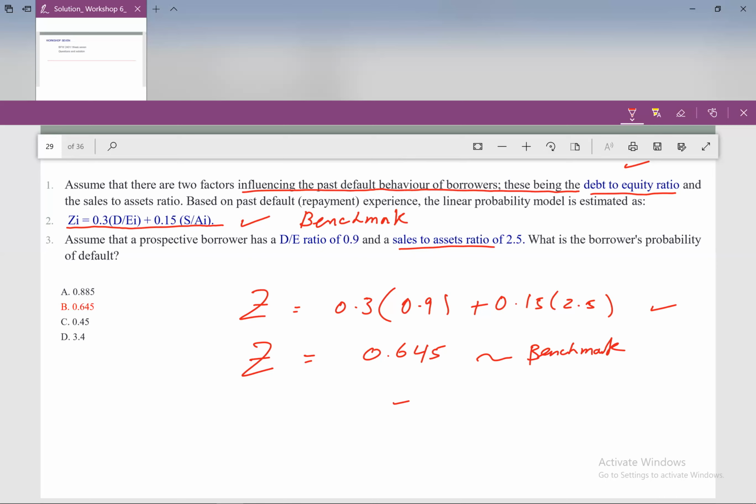Now here, I didn't mention anything about the benchmark, but it will give you the probability of default. Whether you accept it or don't accept it is another issue. You have to see if the probability of default is over the benchmark or below the benchmark. So this is just how you calculate it if you run a regression for your type of loans.